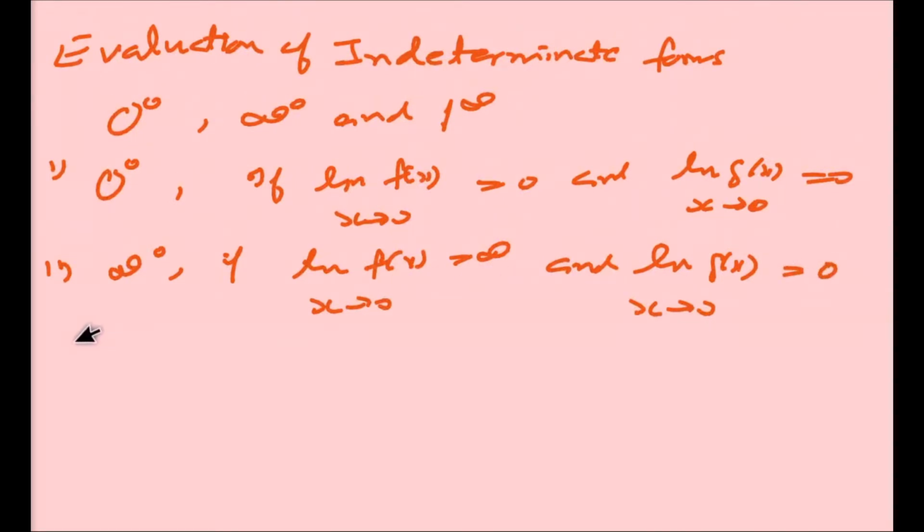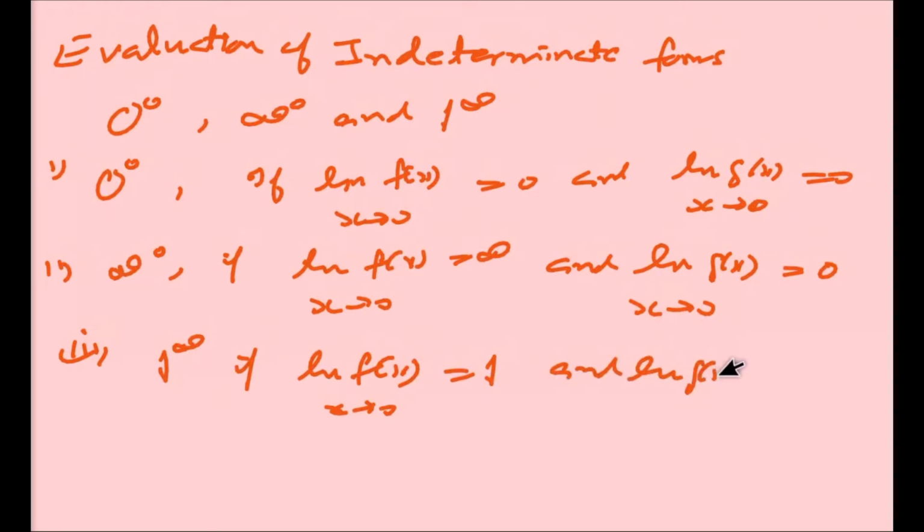And third one is 1 to the power infinite, if limit of f(x), x tends towards 0, is 1, and limit of g(x), x tends towards 0, is infinite.